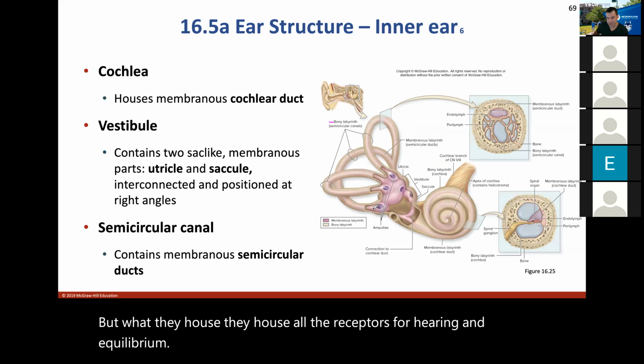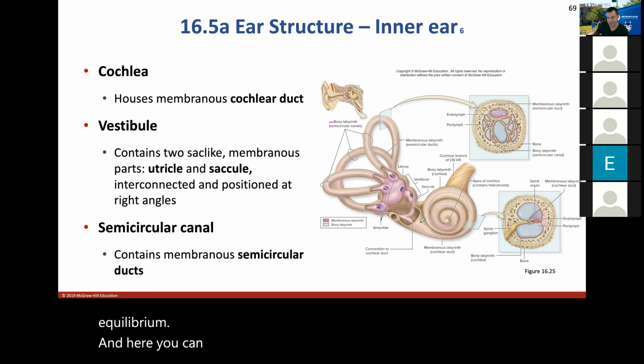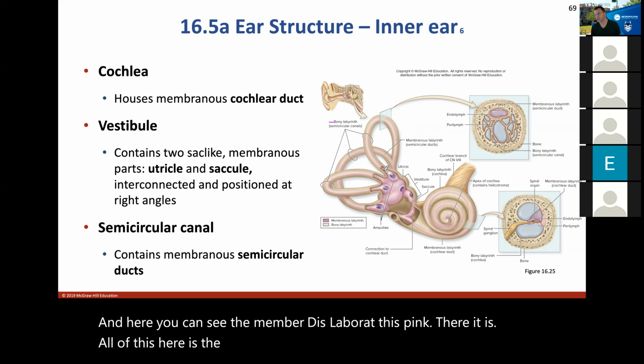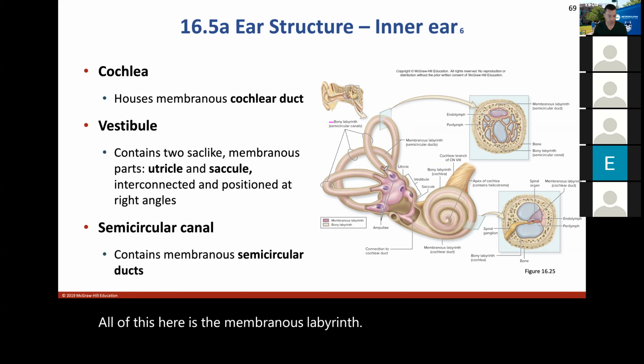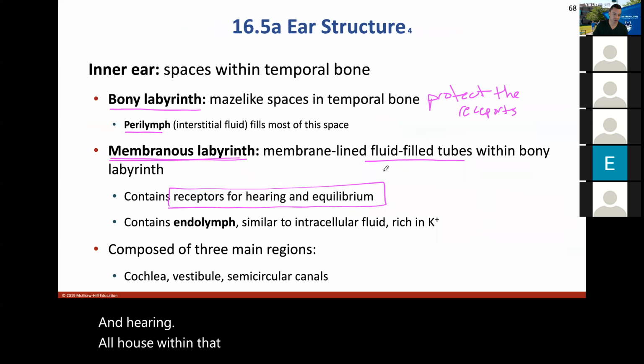Here you can see the membranous labyrinth is pink. All of this here is the membranous labyrinth, and we have receptors for both equilibrium and hearing, all housed within that very delicate membranous structure.